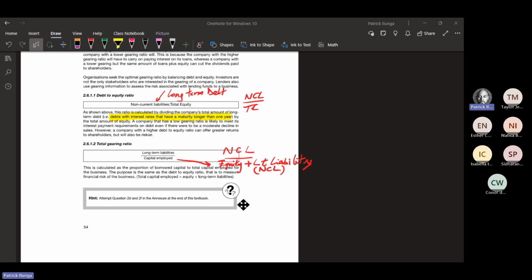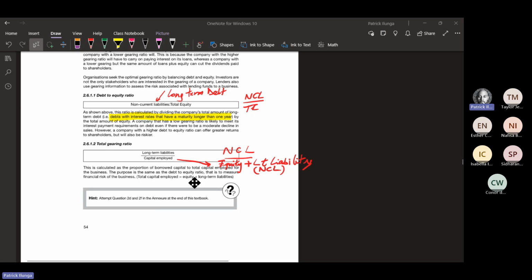So my bad. Again, I'm saying capital can be debt. Anything that is long-term debt is a capital, but it's a debt capital. It's a debt financing capital. The capital is what you are using to run the business, right?